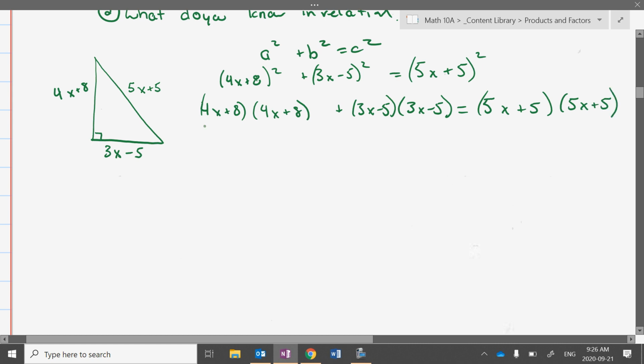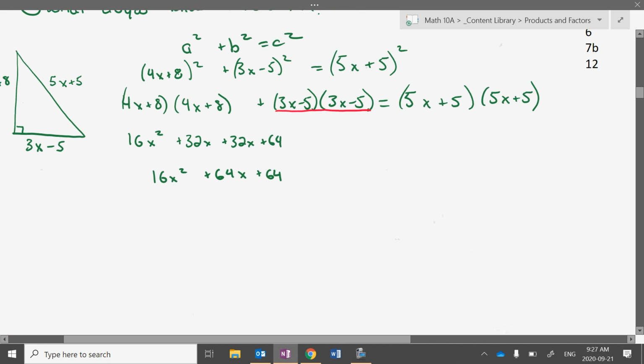Okay, 4x times 4x, so I get 16x squared. 4x times 8, so plus 32x, plus 32x, plus 64. So that's my first side squared. Let's take it a step lower and clean it up. My next term, I'm going to color code this for us.